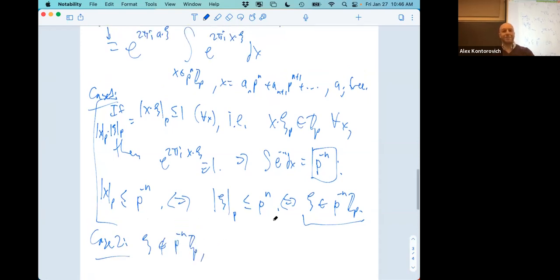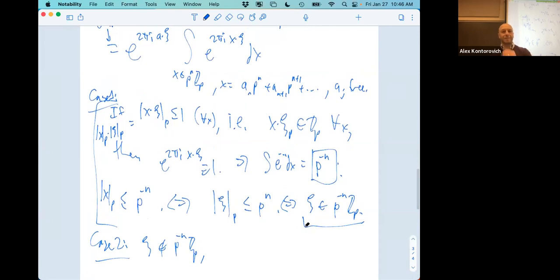The point is that this inequality holds for all x if and only if the norm of c is at most p to the n. It's the "for all x" that has to be added there in order to make this equivalence.